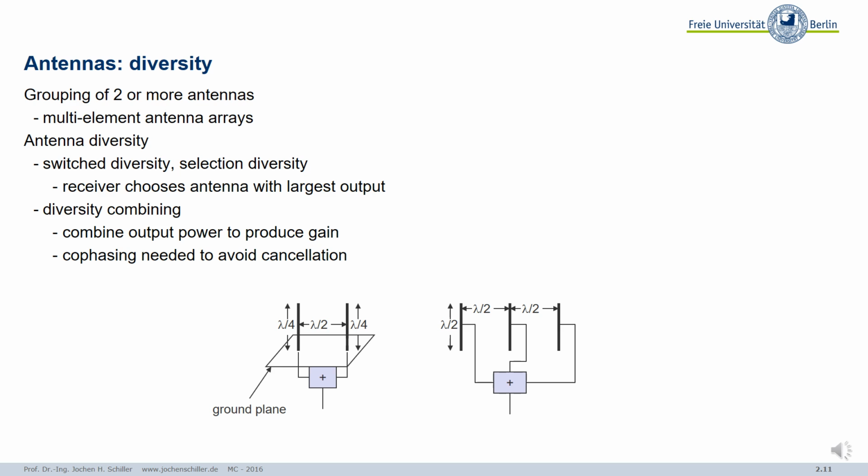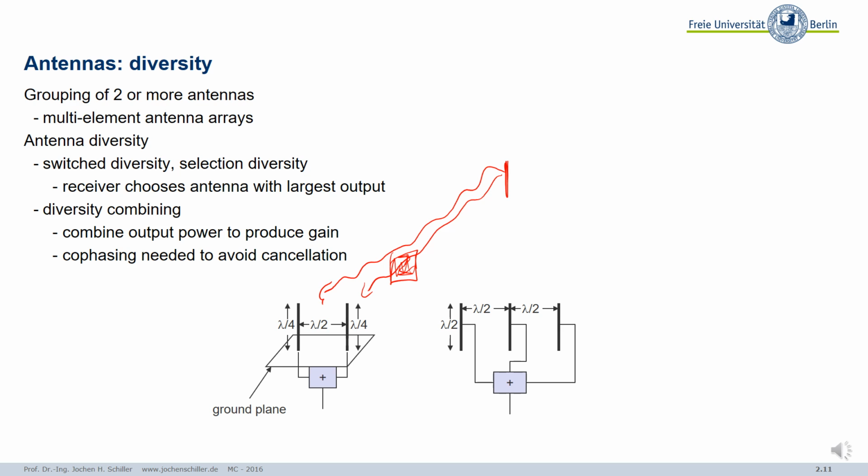Here the technical term diversity means we use 2 or more antennas that can receive signals in a constructive way. So we can use it in a very simple way, so-called switch diversity. Signals, for example, reach the antenna from one sender, but maybe due to whatever obstacle, the signals are attenuated on one of the antennas.